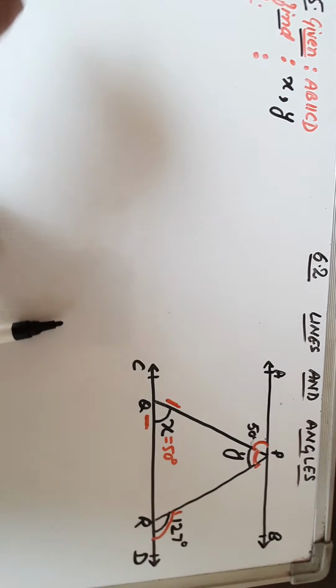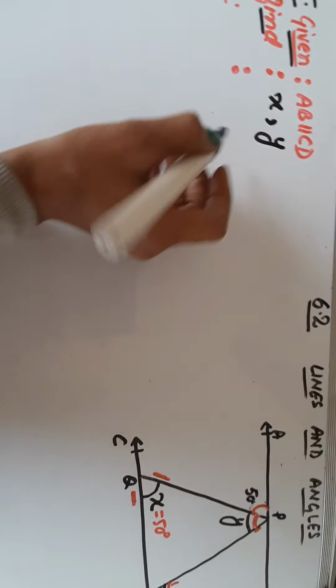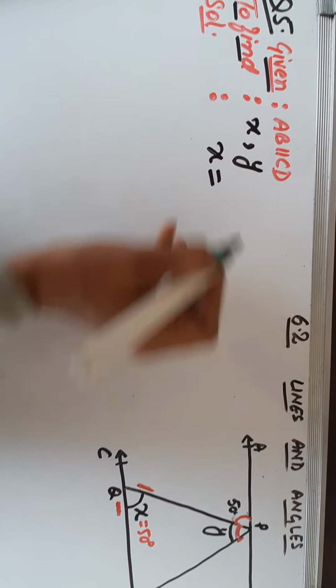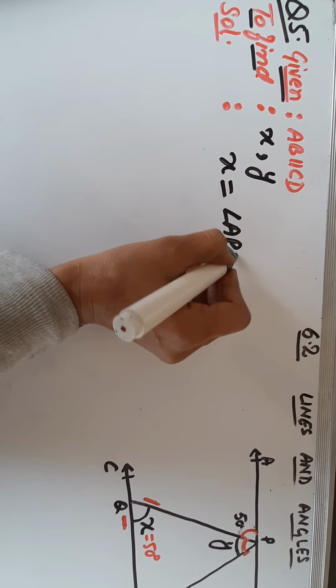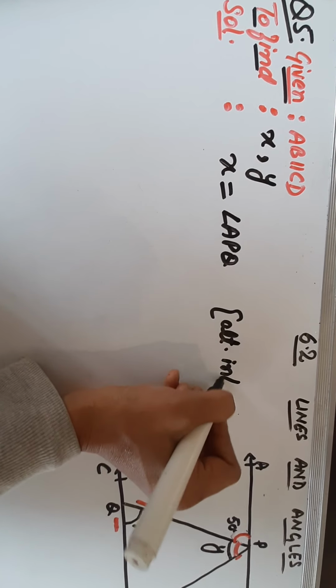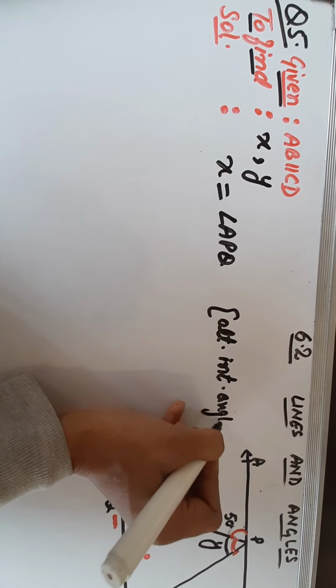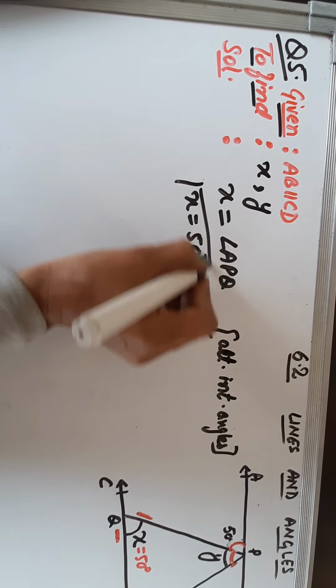So now let us solve it. In the solution, first of all, let us use this angle. Angle X is equal to angle APQ. What is the reason? Alternate interior angles. So from here you will get angle X as 50 degrees.